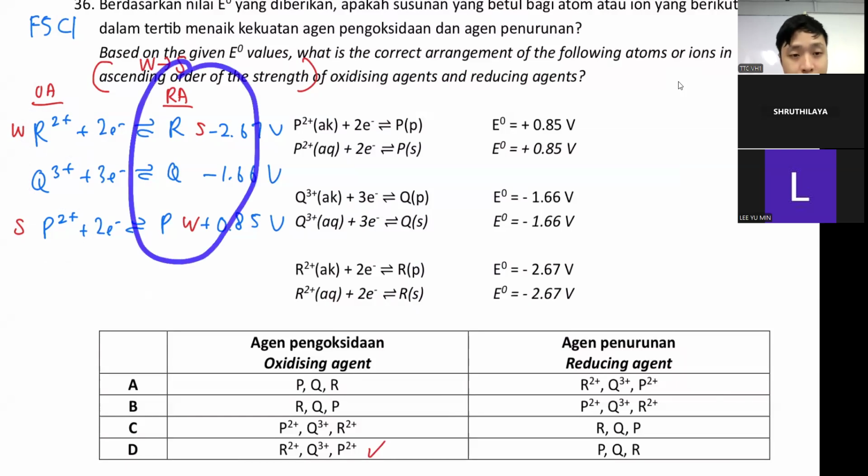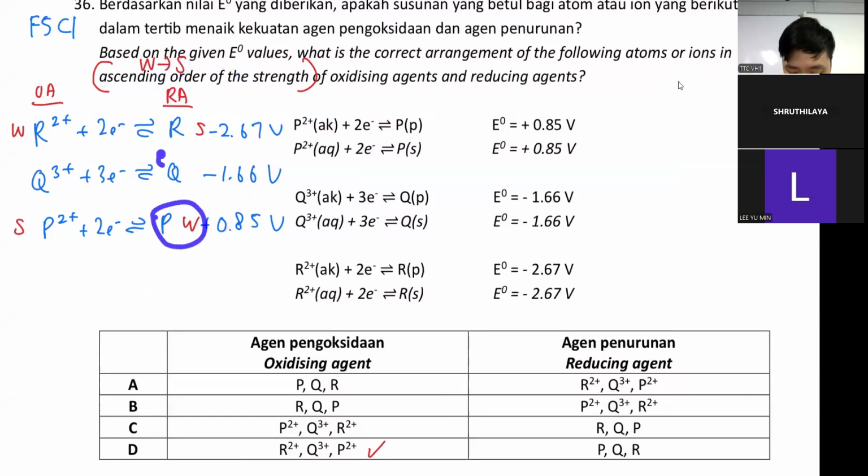Then reducing agent, PQR. So the answer is D. Once you know the technique, it's kind of technique okay, to arrange to get the strength of oxidizing agent and reducing agent.